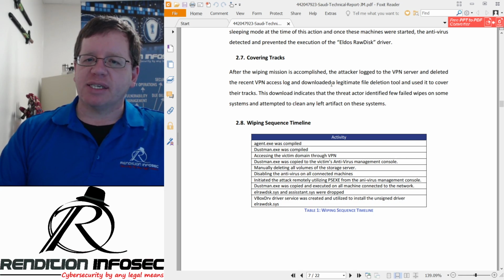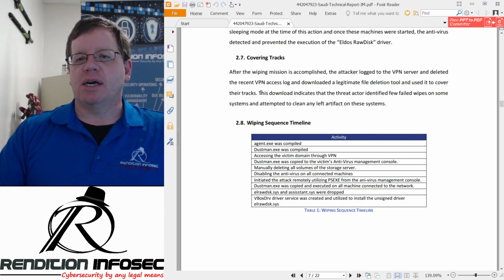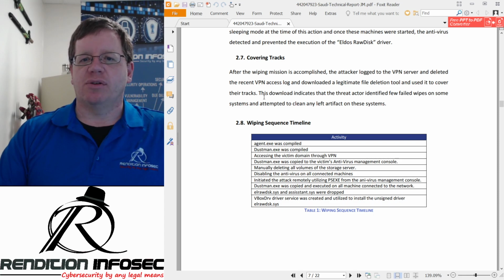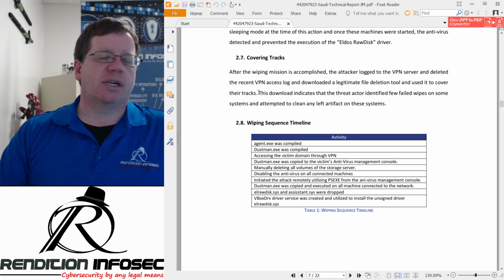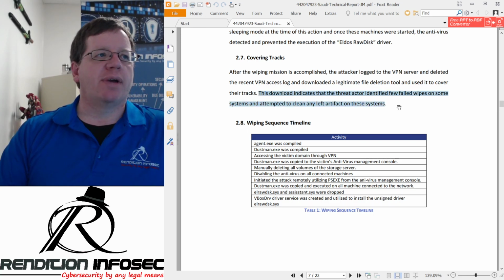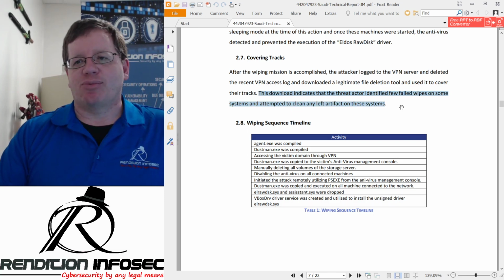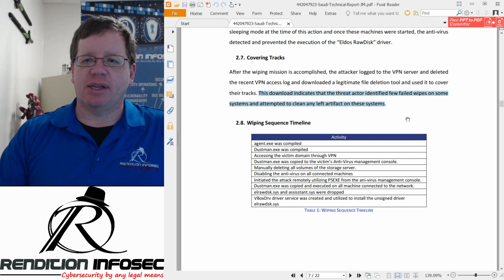Now, I think it's kind of interesting where they say it indicates the threat actor failed a few wipes on some systems, and was trying to clean any artifacts left on those systems. Obviously, I don't have the forensic data to support or argue this assertion here. Who knows at the end of the day?